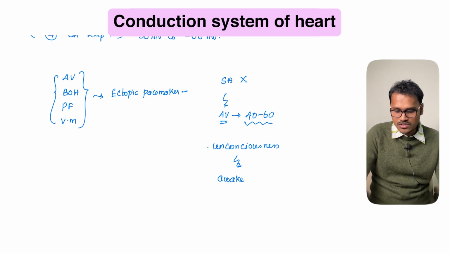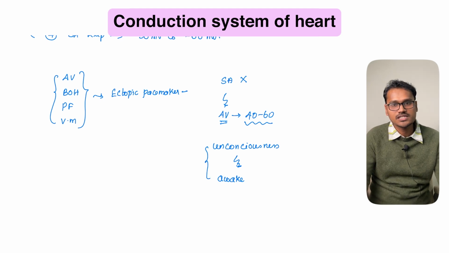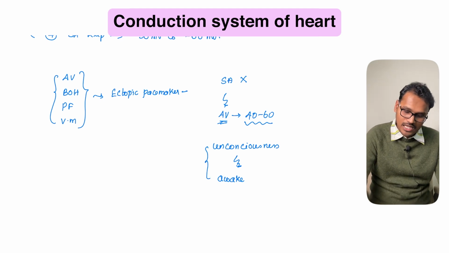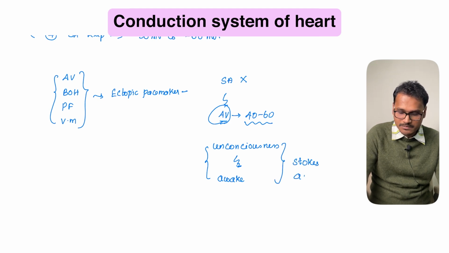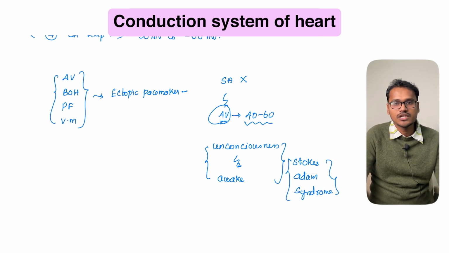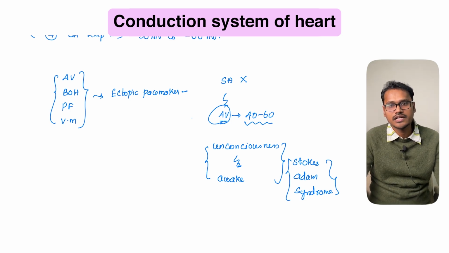So this process of losing consciousness and gaining it back again with the help of the AV node, this entire phenomenon is called a syndrome, which is called Stokes-Adam syndrome. So the syndrome here is Stokes-Adam syndrome. And this doesn't happen usually, and if the SA node fails to generate at an earlier or an immediate time, what is going to happen?